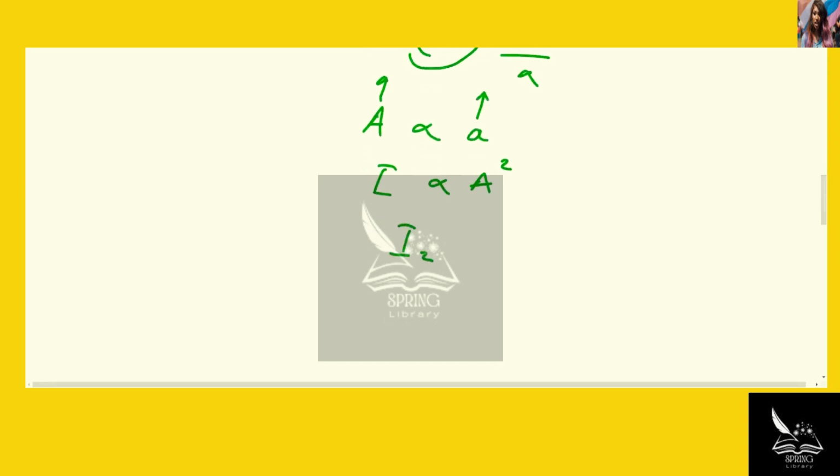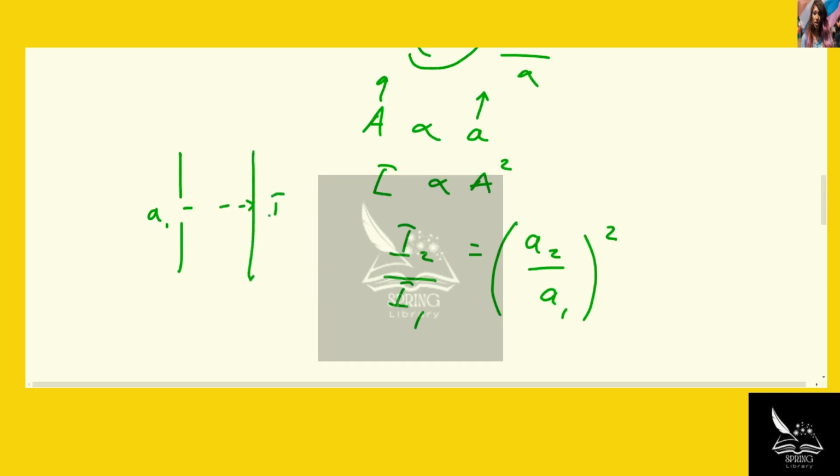The ratio of one intensity to another is given by the ratio of the widths of the slits squared. So if this is A1, there's going to be an intensity on the screen of I1.